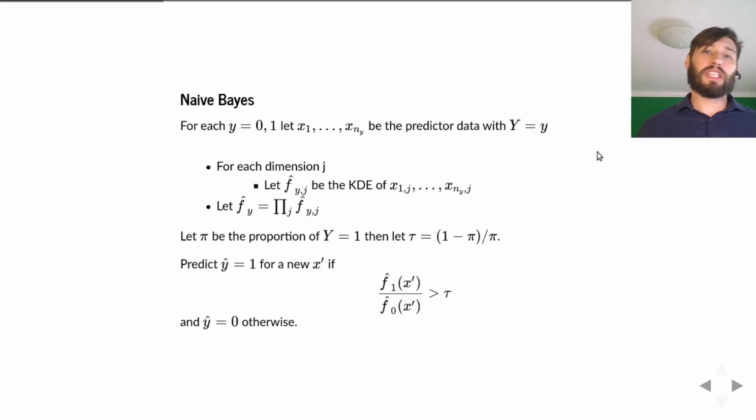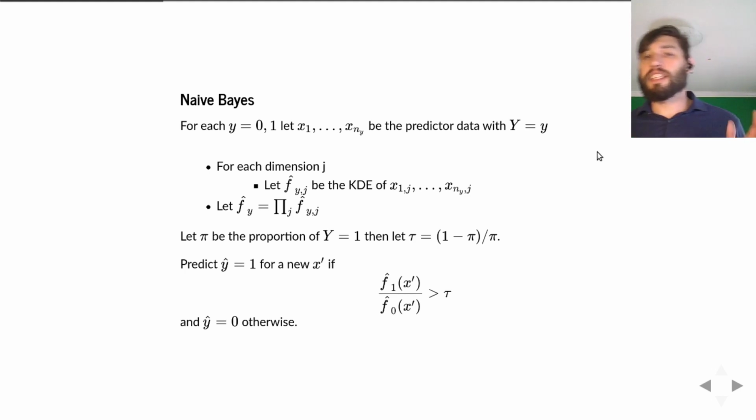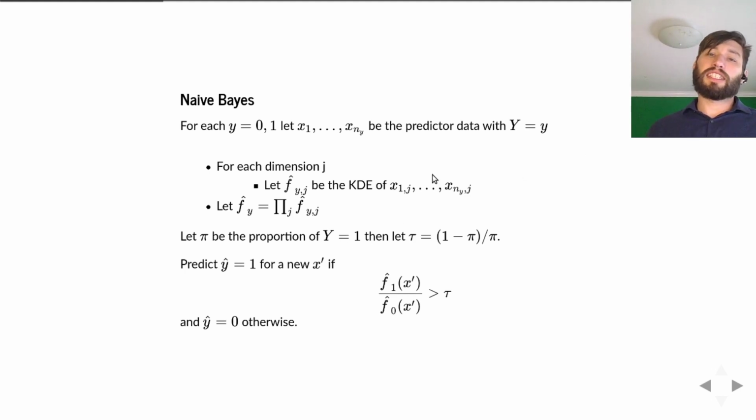So we're going to split our data into the 0s and the 1s, and then for each of them we're going to construct a density estimator, but the way we do that is very specific. We're just going to look at each dimension separately. So x1j is the jth dimension for the first data point within, say, the zeros, and then we have up to the jth dimension of the last 0.